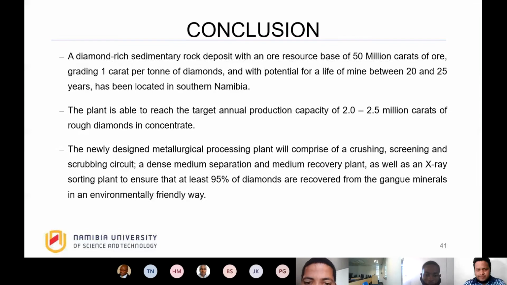Our task is to design a flow sheet, select equipment, size them, and do power rating calculations, making sure that the tailings are disposed of safely and the mining practices are done in an environmentally safe manner.